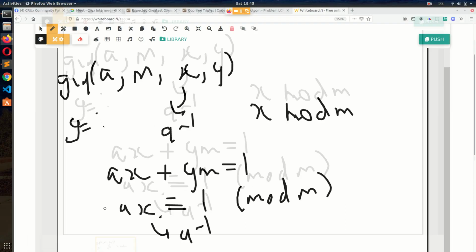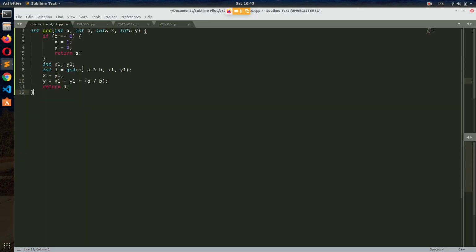So here we would pass these values, and in our output we would get a g variable over here, and we check that g is not equal to 1 first of all, and if it is not equal to 1, then the modular inverse does not exist. We can return from there itself. Otherwise, we can return x mod m.